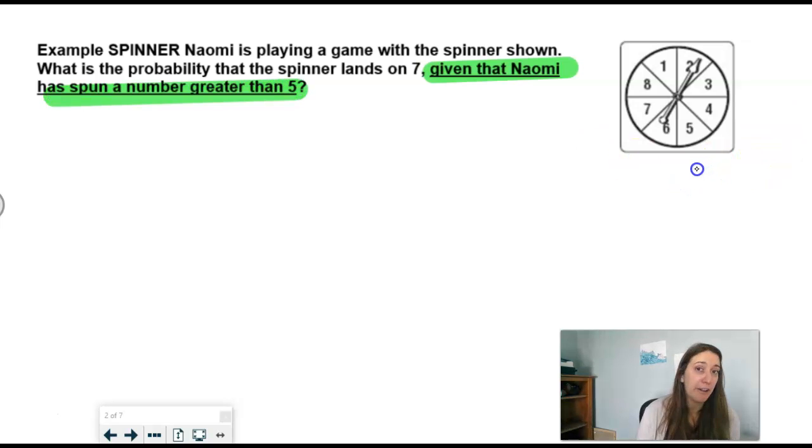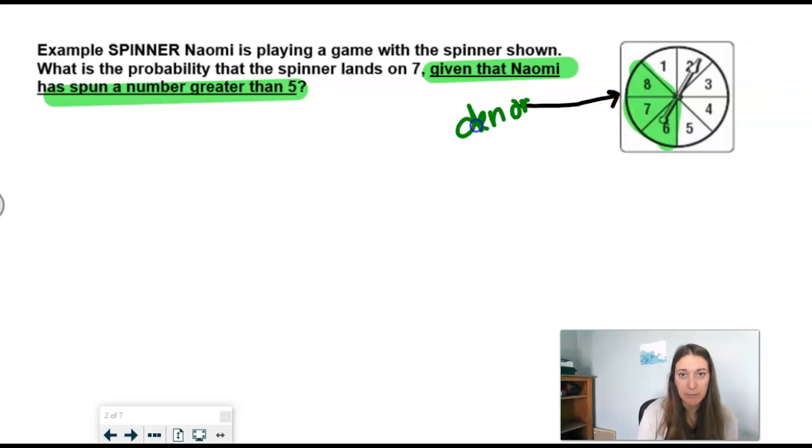Now, I'll go one further than that. I'm going to actually highlight on the spinner numbers that are greater than 5. So numbers that are greater than 5 would be right here. So what we just highlighted is our denominator. All this stuff here is going to be our denominator. And remember, the denominator is the total number of possible outcomes.